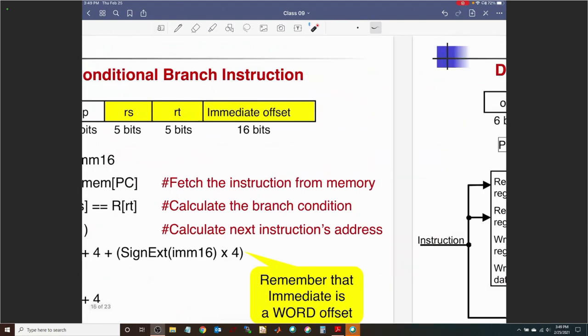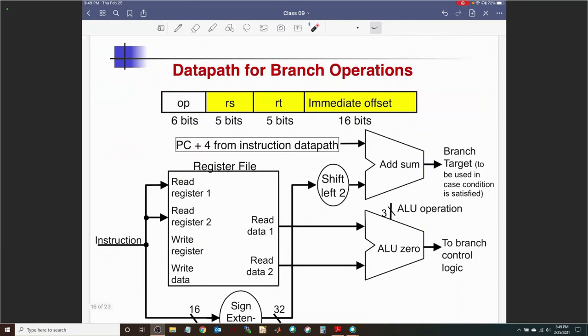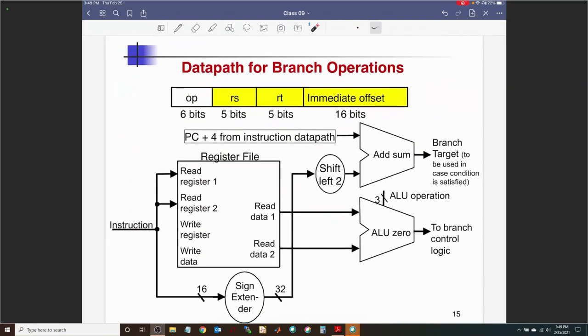So let's see how the branch operation gets carried out with the data path. We still have the register file all the way over here. We still have the instruction. We have read register 1, 2. We still have the sign extender module to go from 16 bits to 32 bits for the 16-bit offset. But now we have a shift left 2, right?